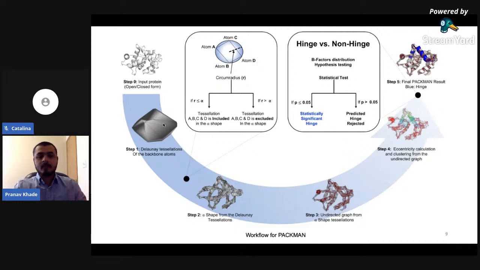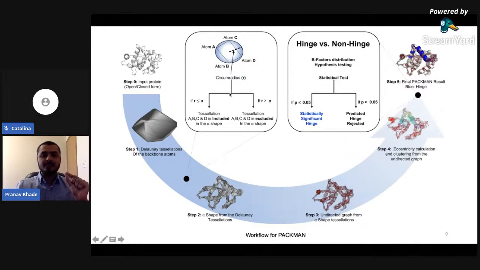Once we form them, we have different tessellations, each a group of 4 points with a circumsphere. Let's say for a particular tessellation we have points A, B, C, and D, and a circumsphere with a certain radius. This is where the alpha parameter comes in.